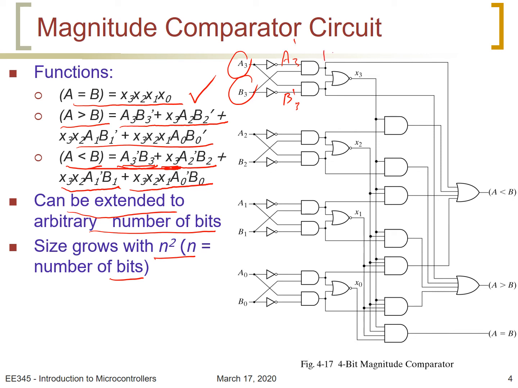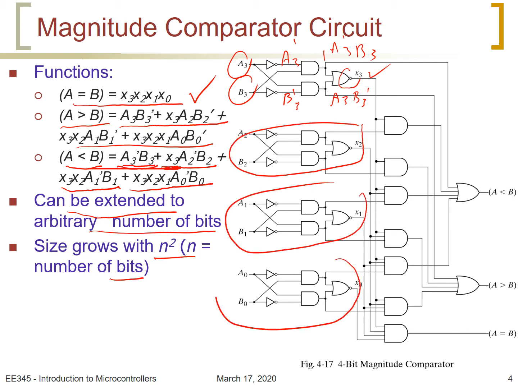So this is A3 prime B3, and this one A3 B3 prime, and we put a NOR gate, so we have X3. That's the equivalence function. Same thing exactly, we have the circuit for X2, X1 and X0, and we AND all of these together. So this AND gate is ANDing X3 dot X2 dot X1 dot X0 to get A is equal to B.